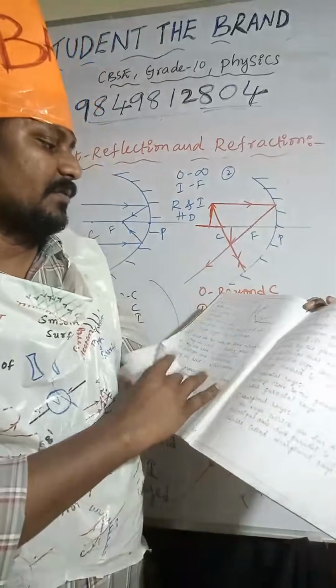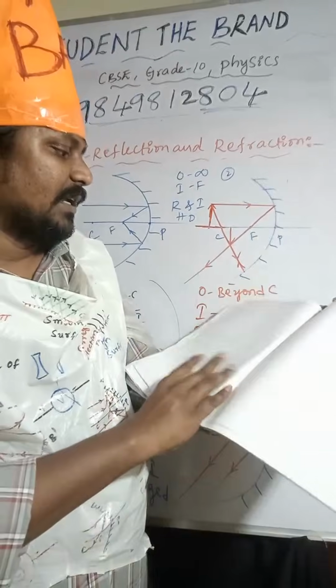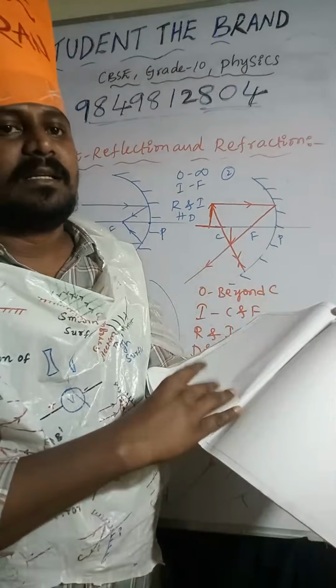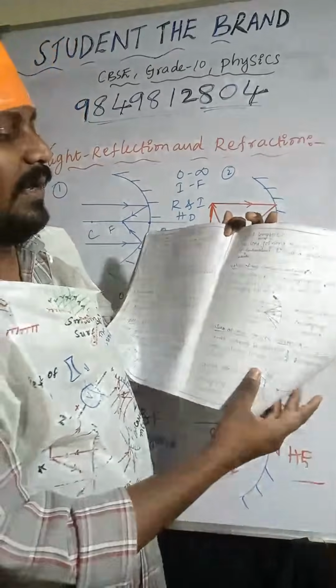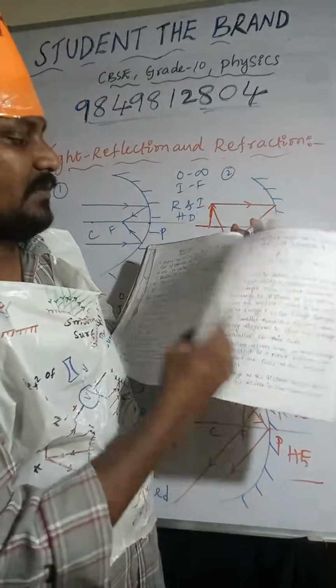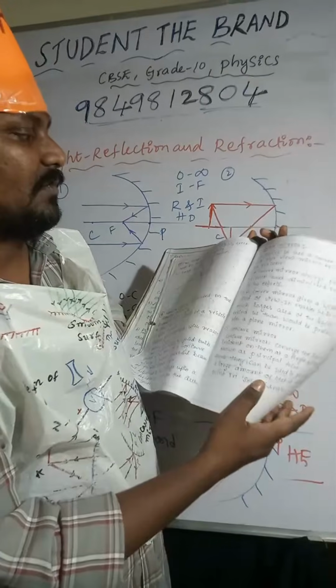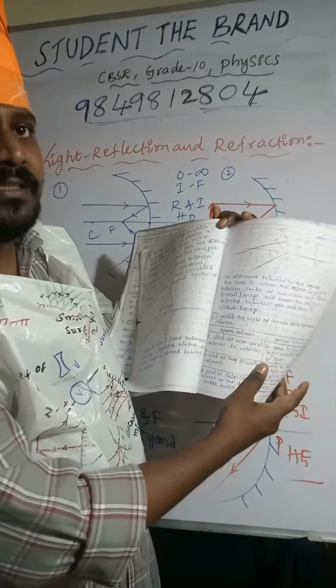So that's enough. Now I hope it is very clear. Now you can see everything is written clearly. This is my handwritten notes. Understood? So you can check once here.